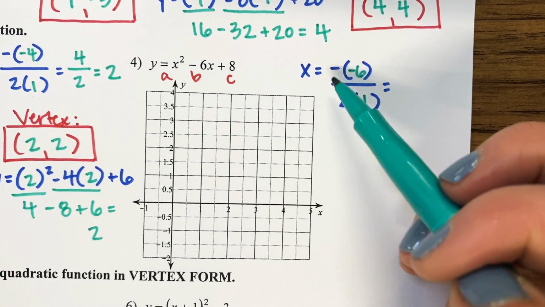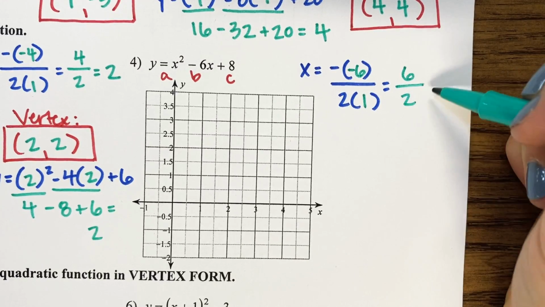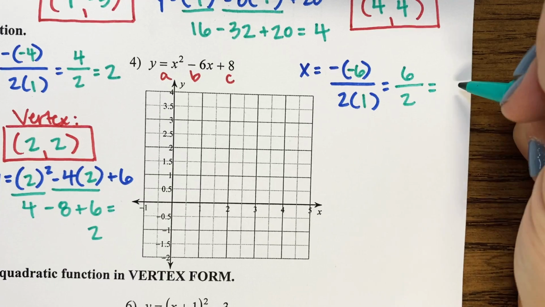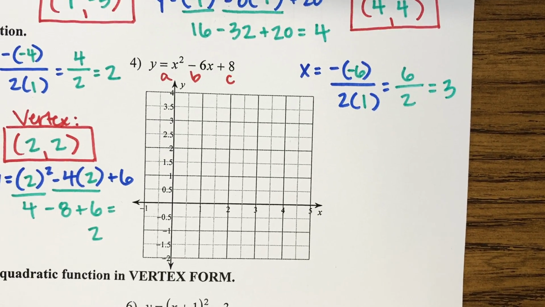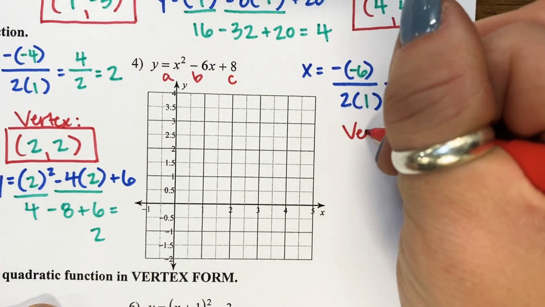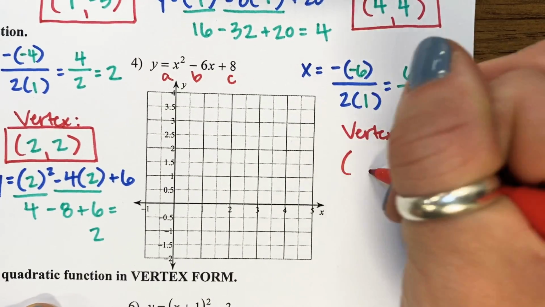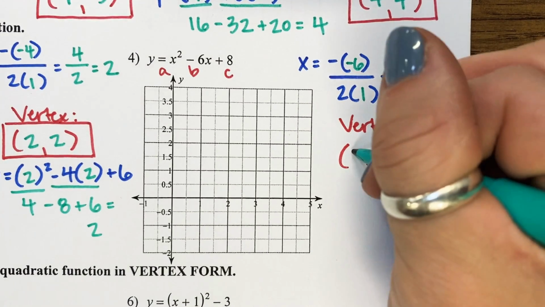Okay, again, we have a double negative. It turns into a positive 6. 2 times 1 is 2. 6 divided by 2 is 3. Okay, so we found that the X part of our vertex is positive 3.